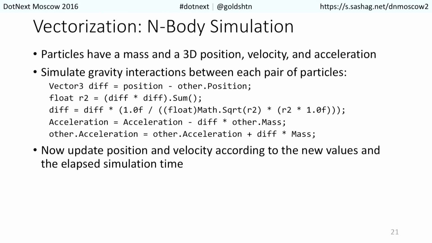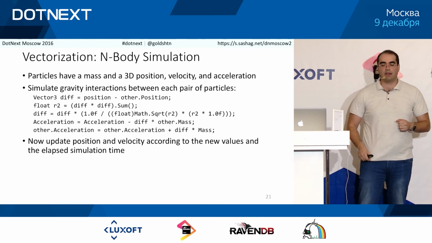This is n-body simulation. It's a pretty familiar problem in physics and also in games and simulations. You have particles, like tiny particles or even planets, and they interact with each other by gravity. So particles have a mass, a position, a velocity, and an acceleration, and you want to simulate what happens when these particles interact.